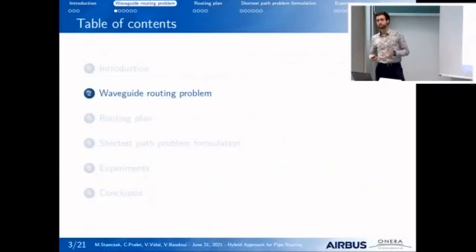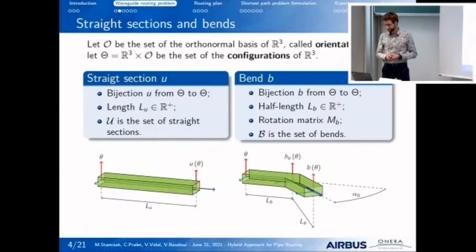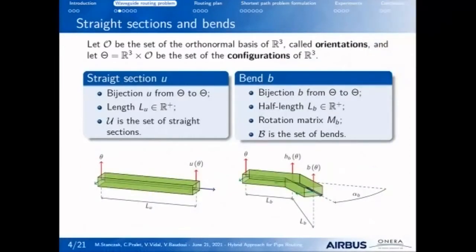Now I'm going to present the waveguide routing problem that we consider. First of all, the straight sections and the bends are seen as functions on the space of configurations. A configuration is a position and an orientation of the pipe section.